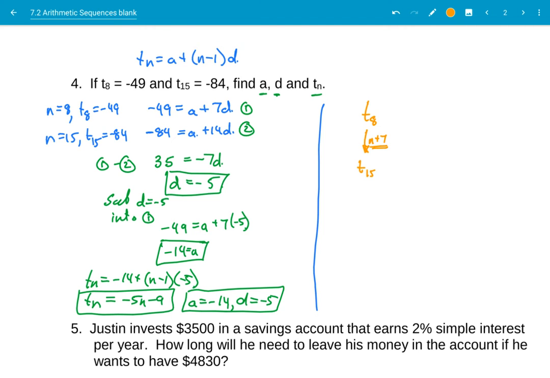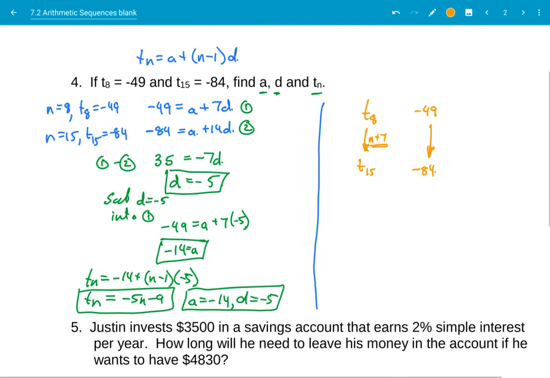And we're going from negative 49 all the way to negative 84. This is a change of minus 35. So 7 differences, right, because we're going 7 term numbers, is equal to negative 35. So D is equal to negative 5.